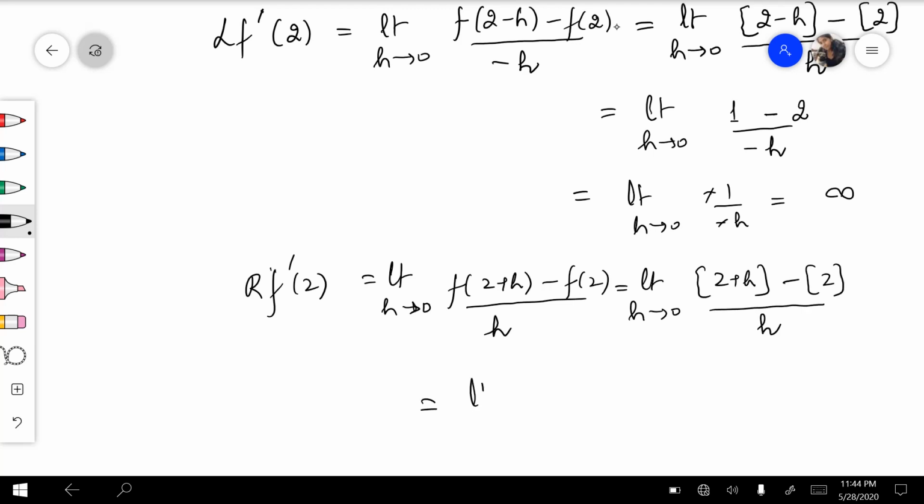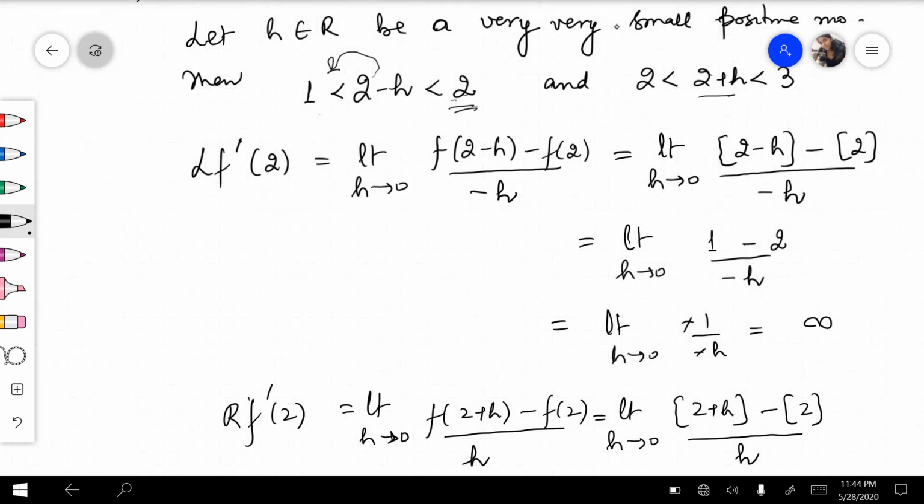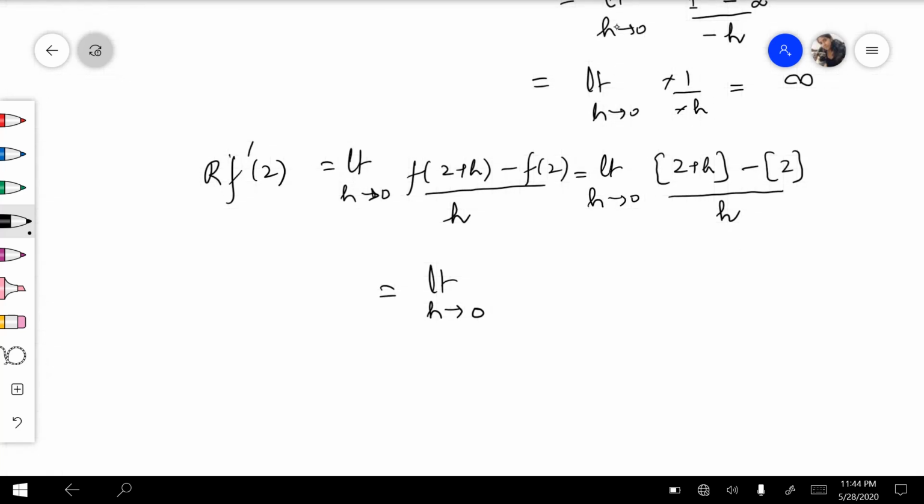Now, as discussed earlier, 2 plus h is a number greater than 2. So the greatest integer value of 2 plus h will be equal to 2, minus the greatest integer value of 2 which is 2, upon h, which is equal to limit h goes to 0 of 0 upon h. 0 upon h is 0. Left hand limit was infinity, right hand limit is 0.